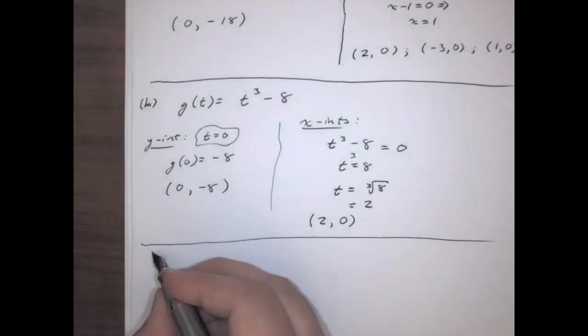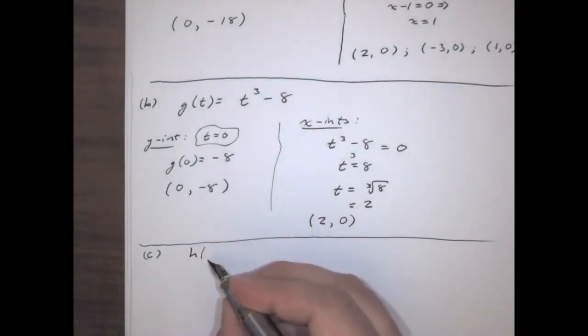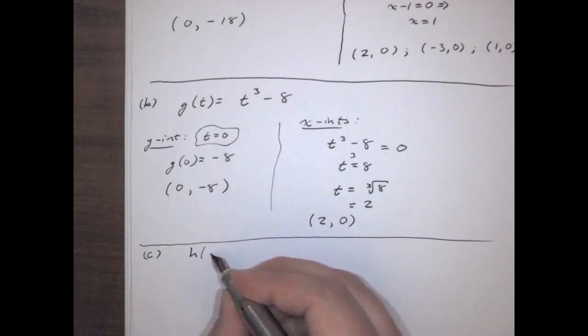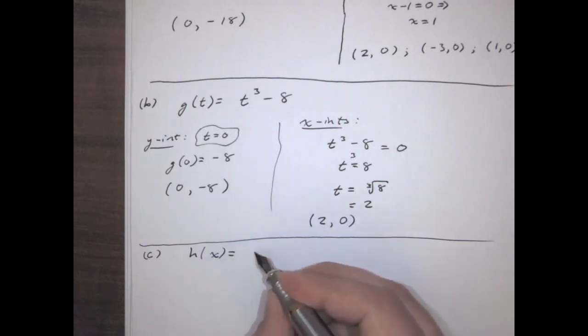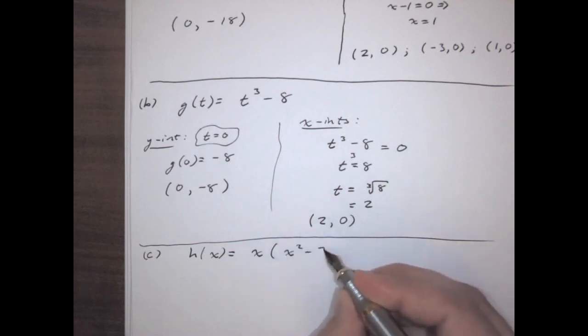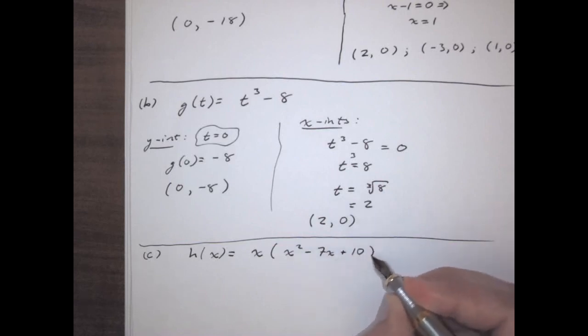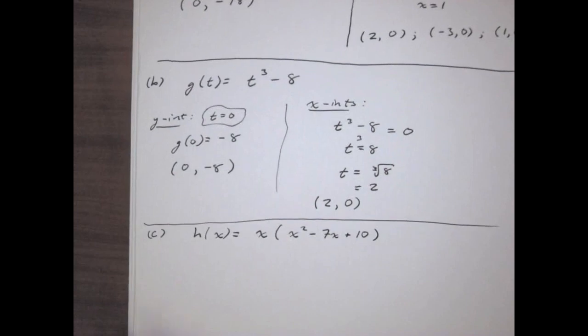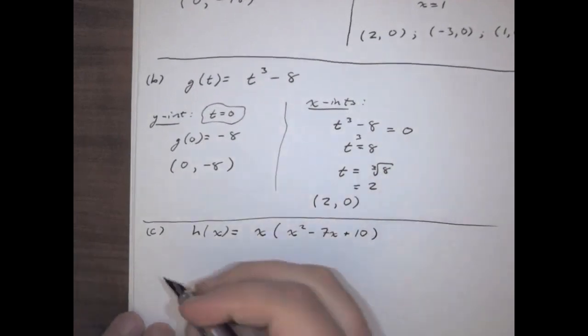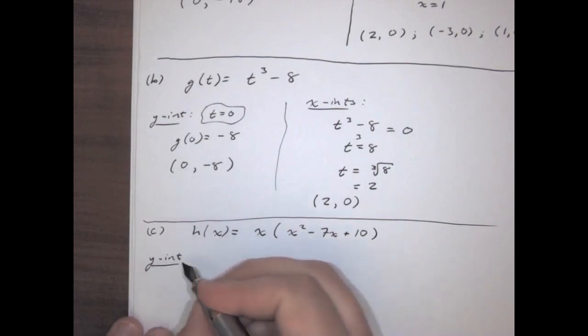And then last of these, let's go with h of x equals x times x squared minus 7x plus 10. Now here, our approach is still the same for the y-intercept as it always is.